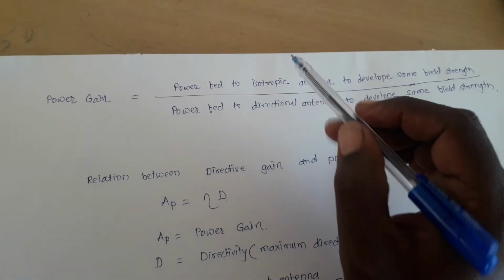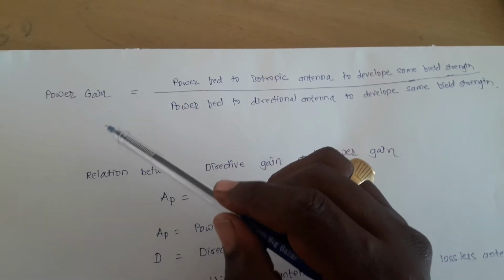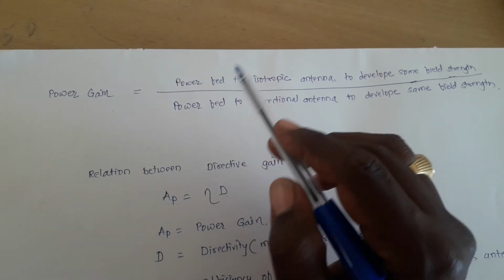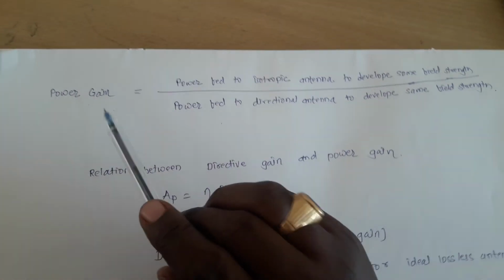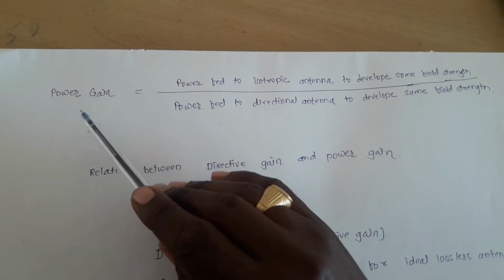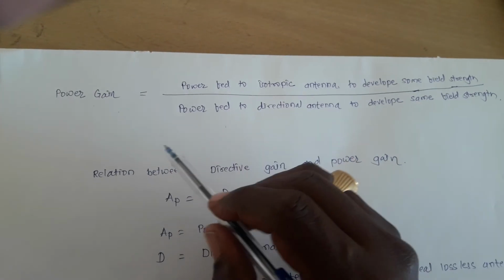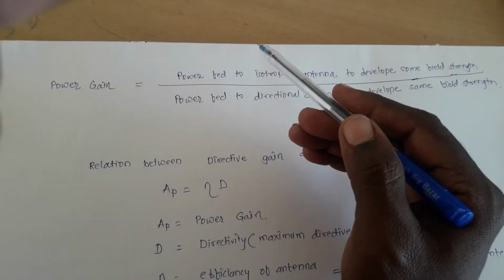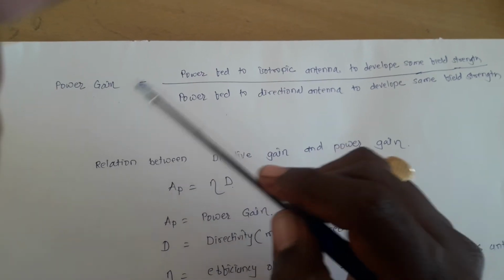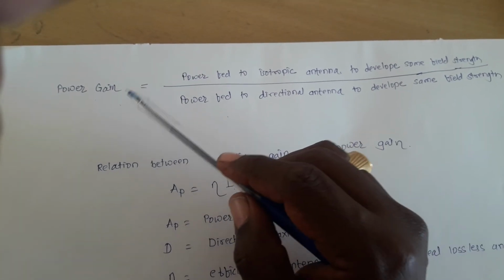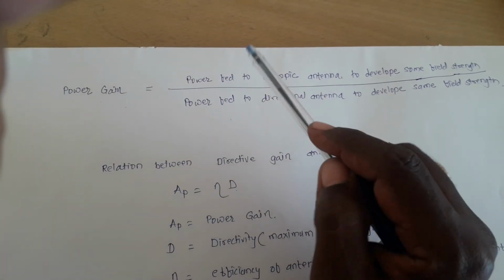In directive gain we are treating the term as a power, and in power gain also we are treating the term as a power. The only difference is that directive gain is related with the output power, whatever power is radiated by the antenna. In the case of power gain, the power is the input power given to the antenna.